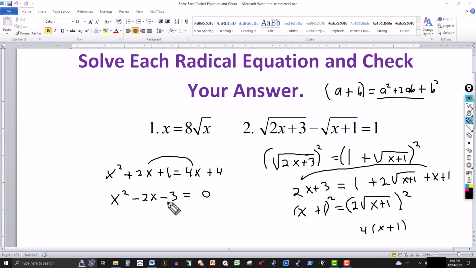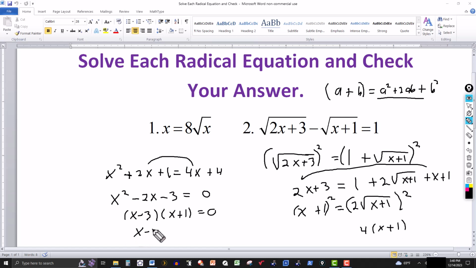It's a quadratic then. I want to try to solve this for x. First we try factoring. If the factoring doesn't work, then you can go to the quadratic formula or completing the square. This one factors into x minus 3 and x plus 1. Once you have it factored, with one side equal to 0, we set each factor equal to 0.